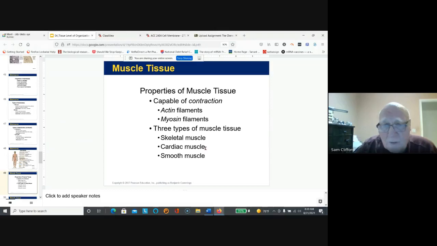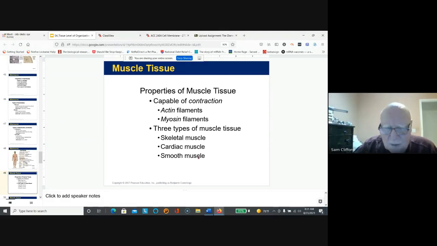So cardiac muscle pumps blood, skeletal muscle contracts to move us, and smooth muscle is in our blood vessels and in our digestive tract. Smooth muscle plays a role in controlling the diameter of blood vessels to help adjust blood pressure as the adjustment is needed.